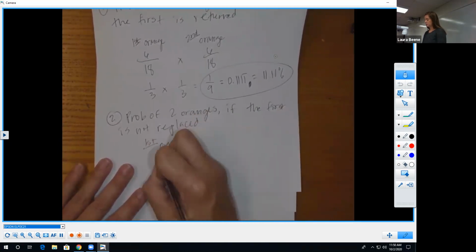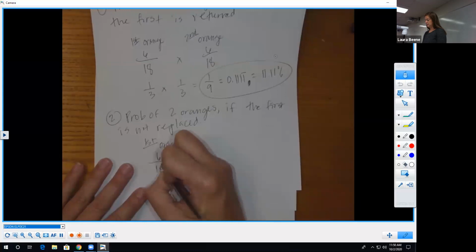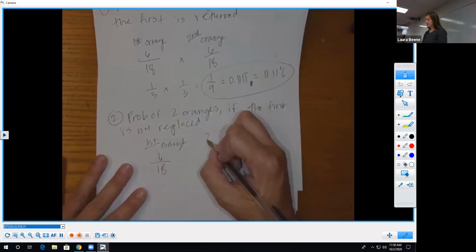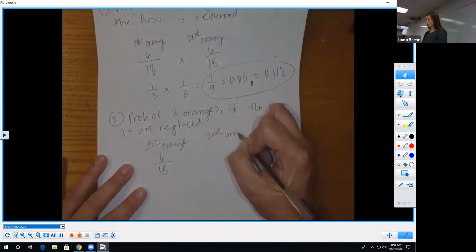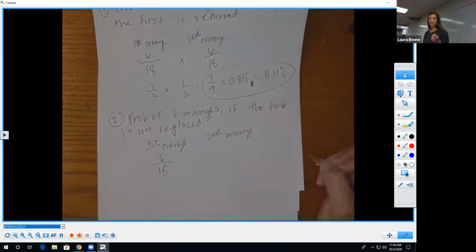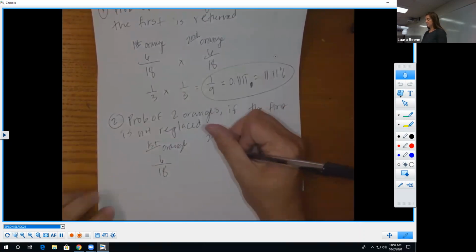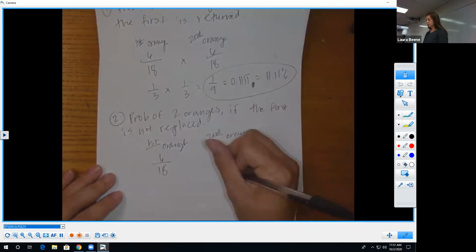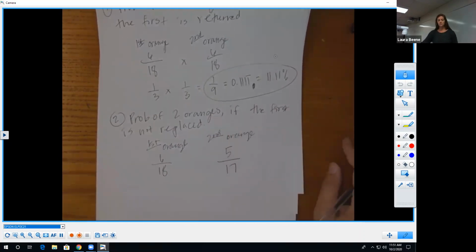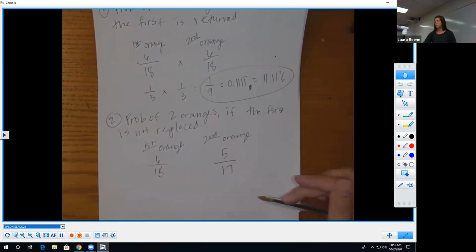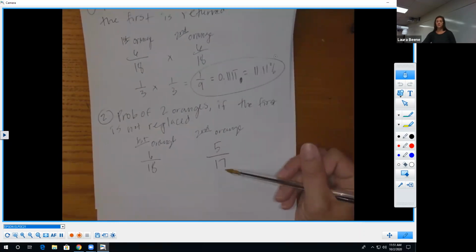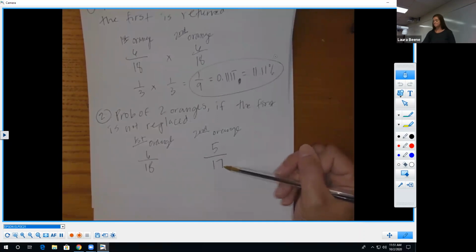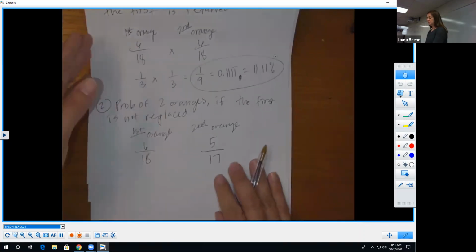There are 6 total oranges out of 18 total marbles. The second orange, that first time you drew that orange and we didn't put it back in. So now there are only 5 oranges left out of how many total marbles? Well, now it's 17 total marbles. Okay, because I drew an orange, so there's only 5 oranges left, and I took 1 marble out, so it's only 17 marbles.